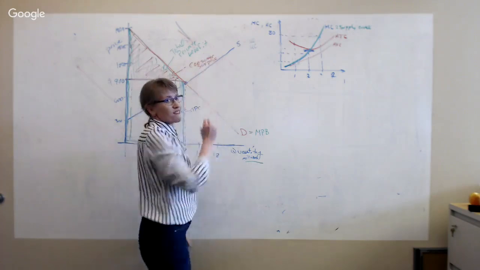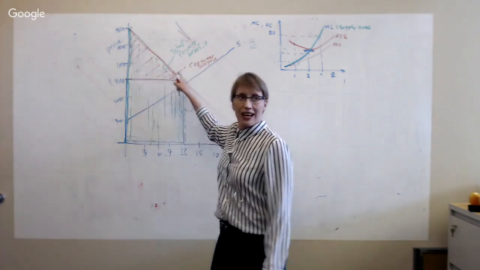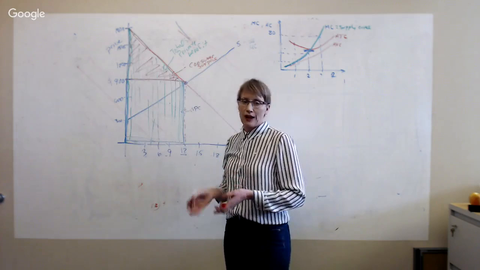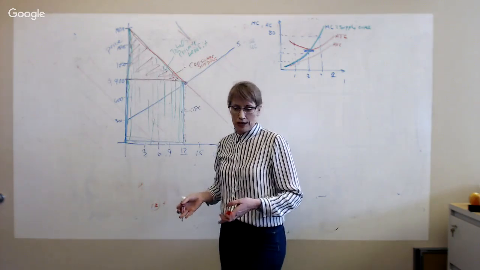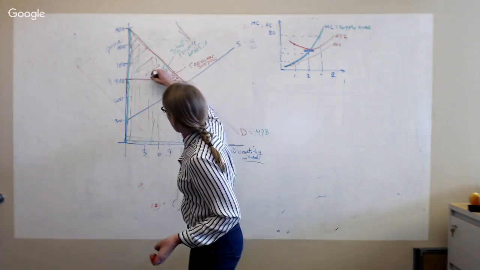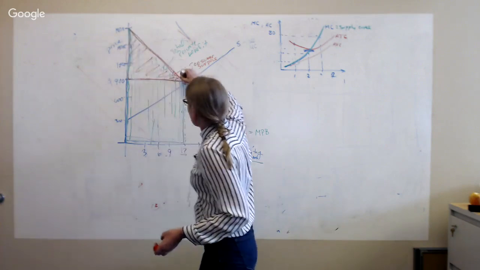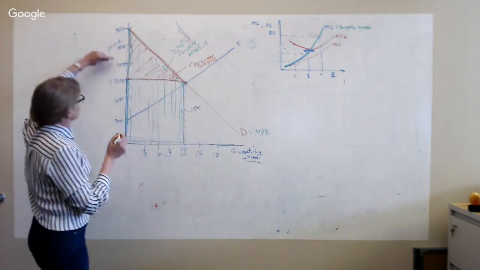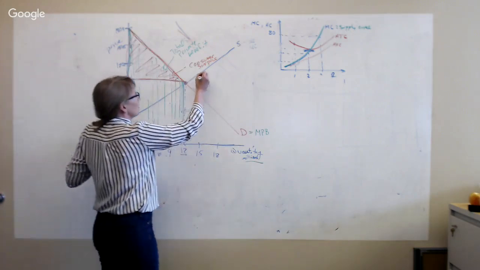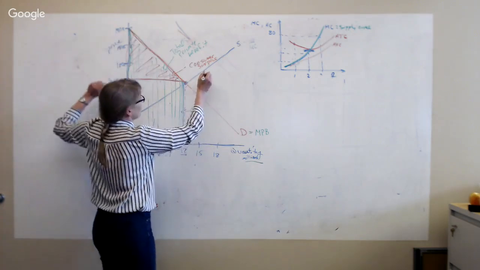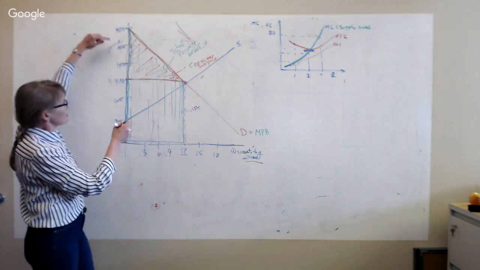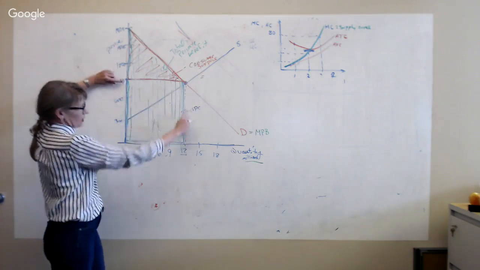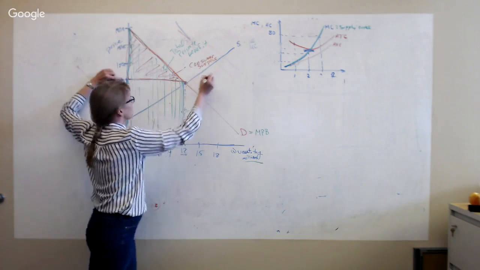And because we have values here, we could actually measure the dollar value of our consumer surplus. And so the dollar value of our consumer surplus is the area of this triangle right here. The area of a triangle is 1/2 the base times the height. So, okay, here's our base, that's 12.